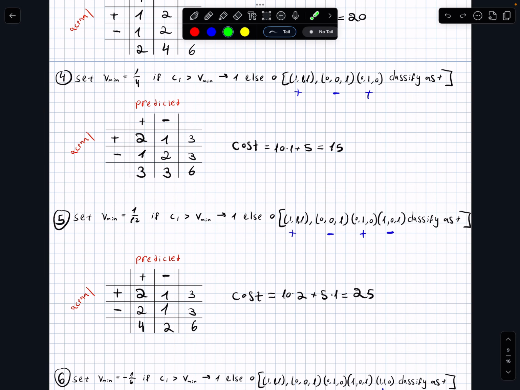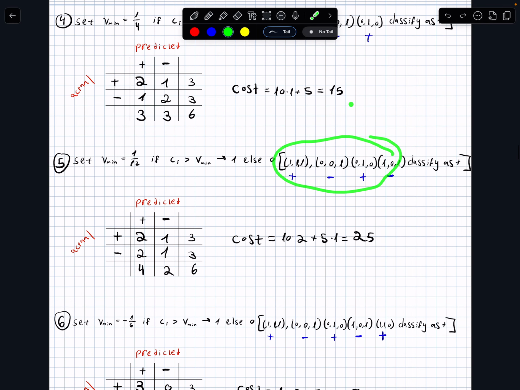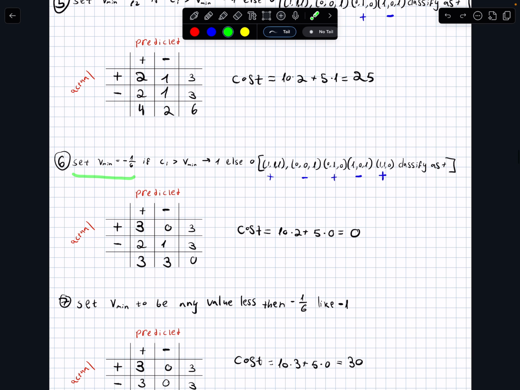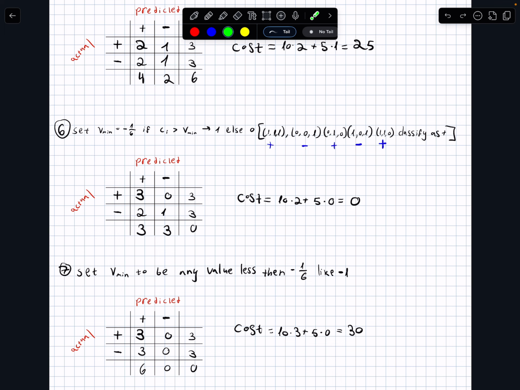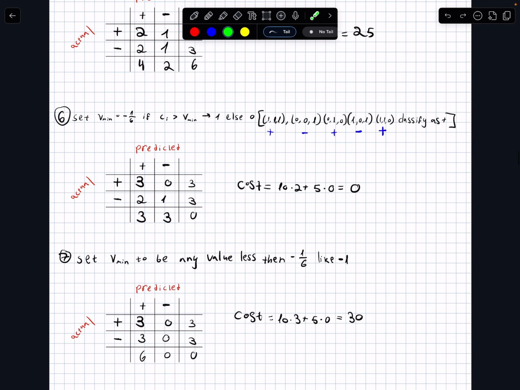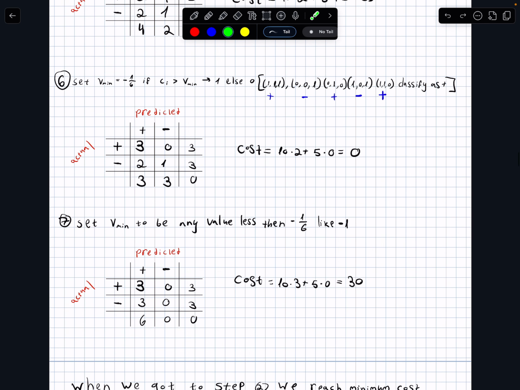Anyway, now we do the same for 1 divided by 12, and for each one we calculate the cost. When we finish, we set the minimum to be 1 divided by minus 6, but we finish by setting it to something a little bit lower than 1 divided by minus 6, because we also want to see what happens when we say that everyone is classified as plus.